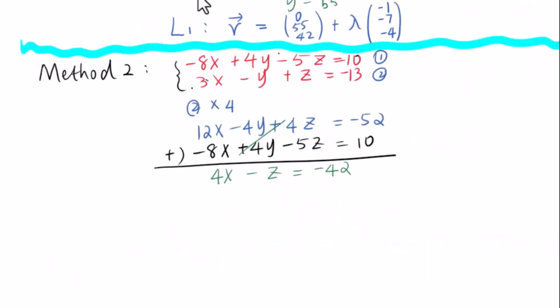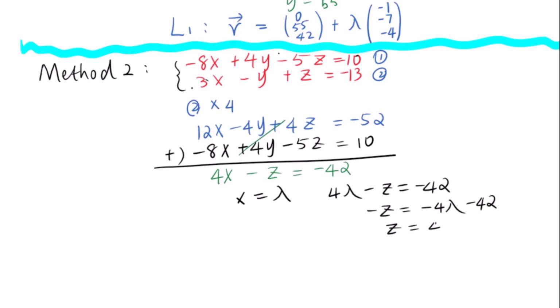Method 2. Let's make x equals lambda. Then 4 lambda minus z equals negative 42. Solve for z. Negative z equals negative 4 lambda minus 42. So z equals 4 lambda plus 42.